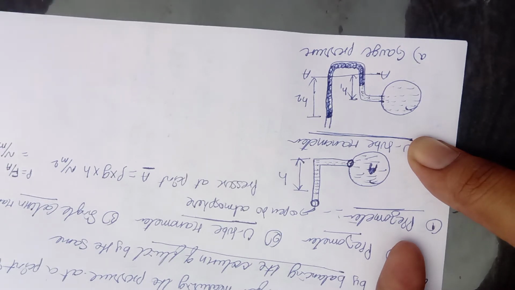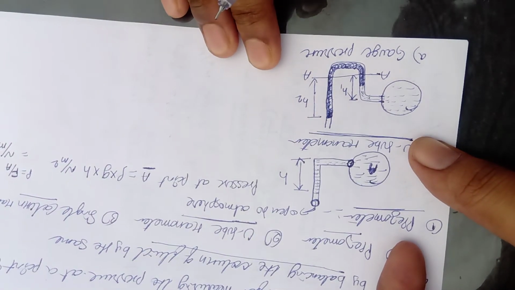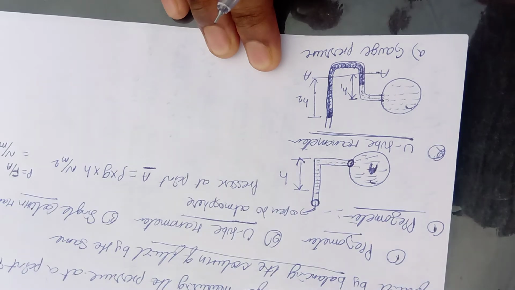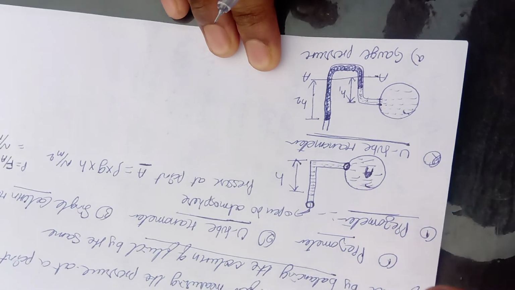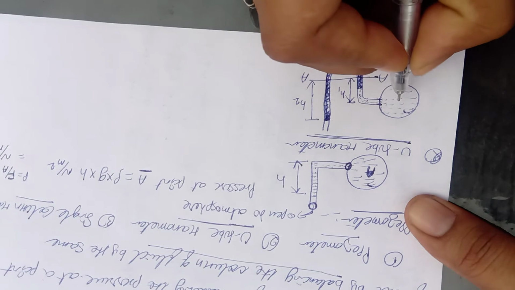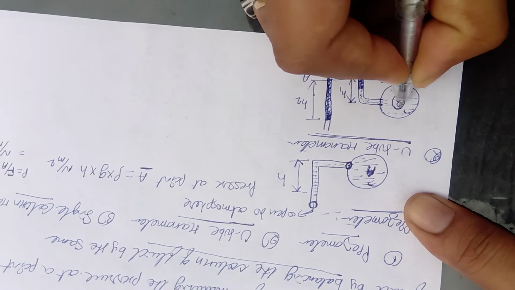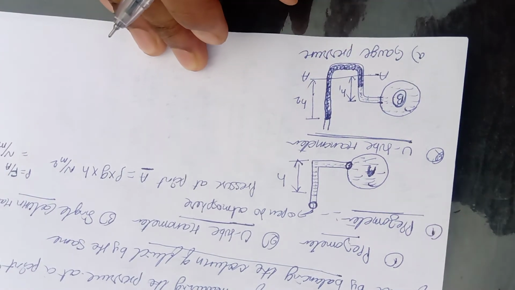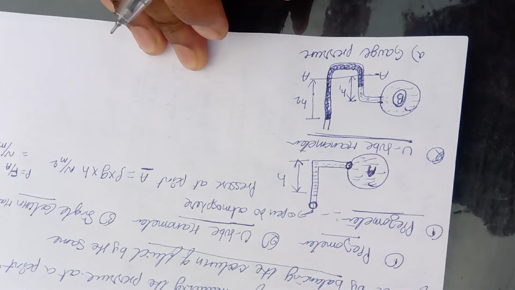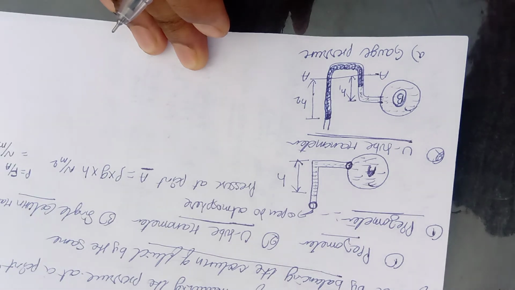So if these are h1 and h2, and this is point B, I want to find the pressure at point B. How could I find the pressure at point B?